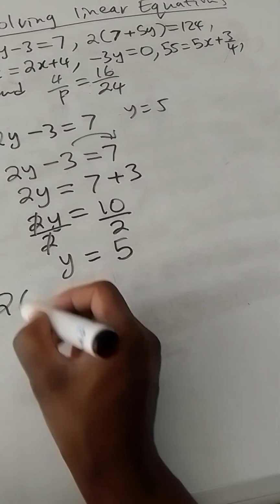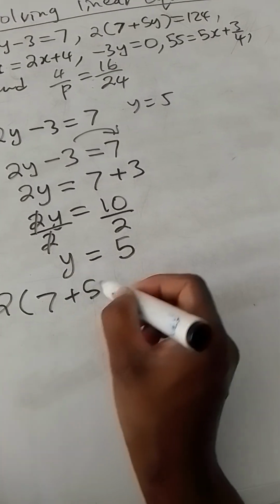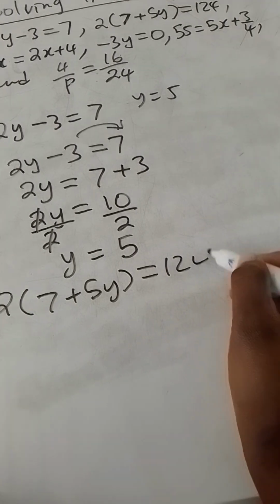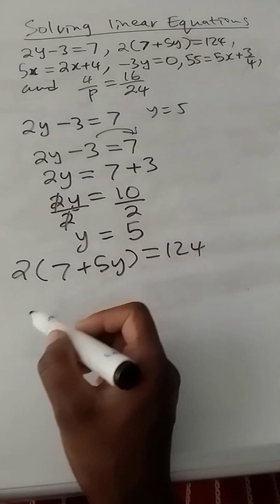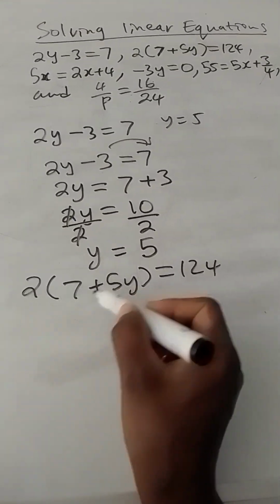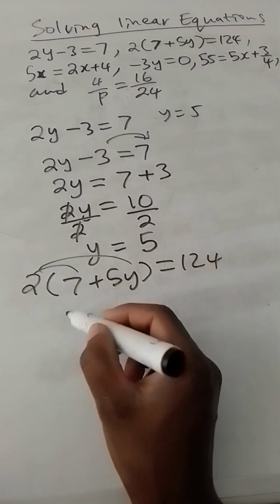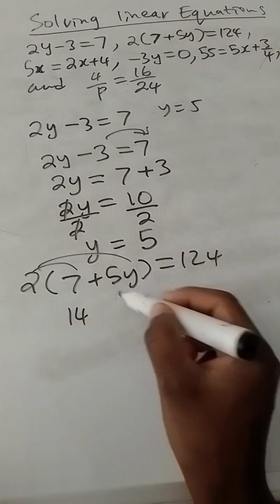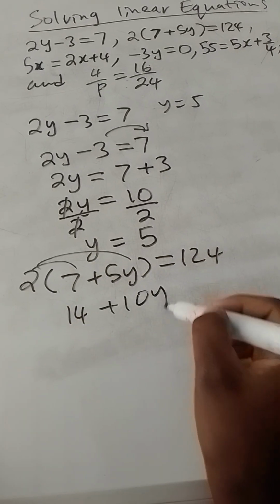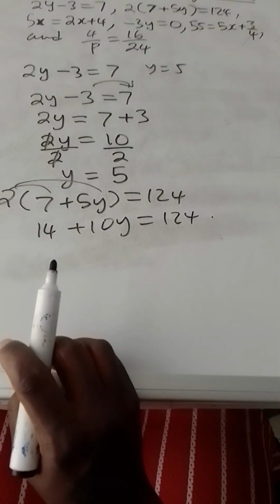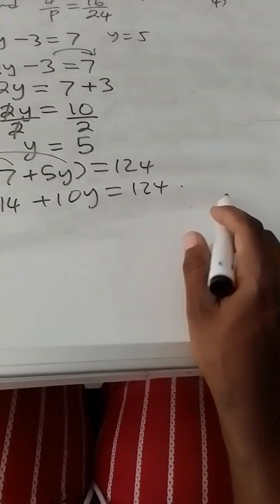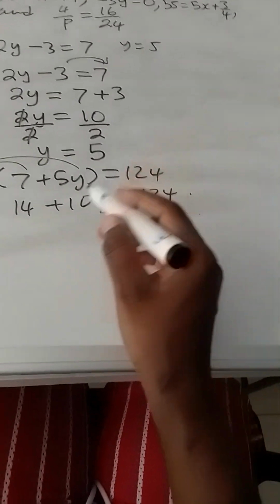Let's take another example: 2 into (7 plus 5y) is equal to 124. If we want to solve this, we first simplify. Multiply this here, multiply it there, you get 14. Multiply here, you get 10y is equal to 124. Now that we have simplified and we have individual terms, we take the variables to one side, constants to the other side.